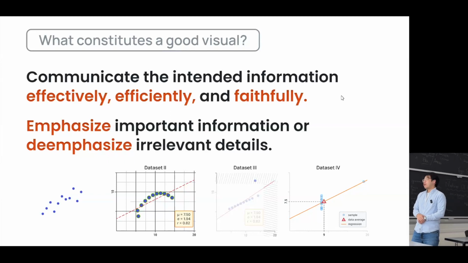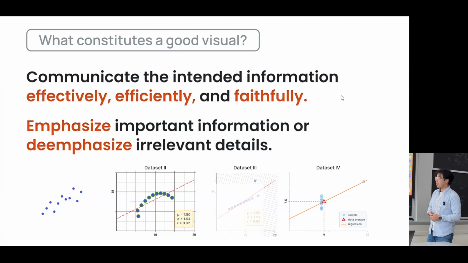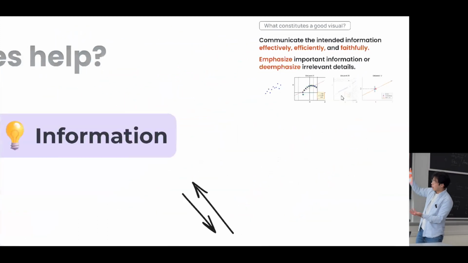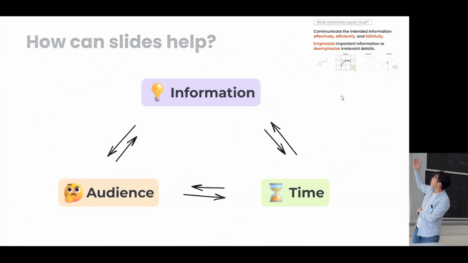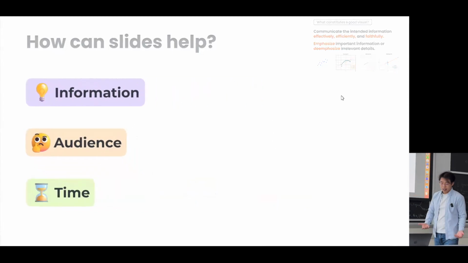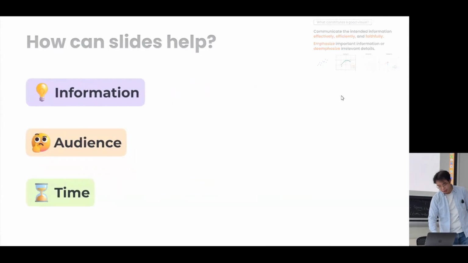And more importantly, it should be able to emphasize and de-emphasize the information for the audience to help them understand and receive the topic nicely. So, can we draw some analogies from the visual to the slides to solve this challenge? And of course, I think we can definitely do a nice thing here.